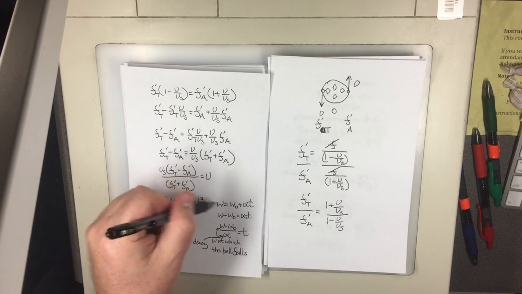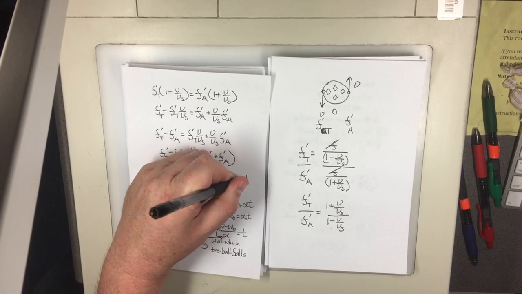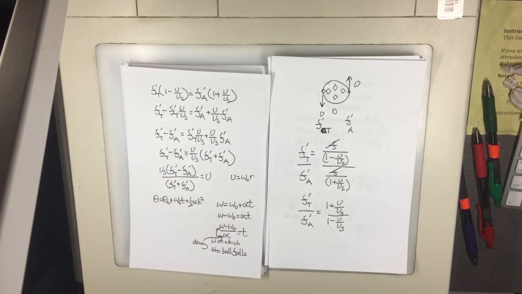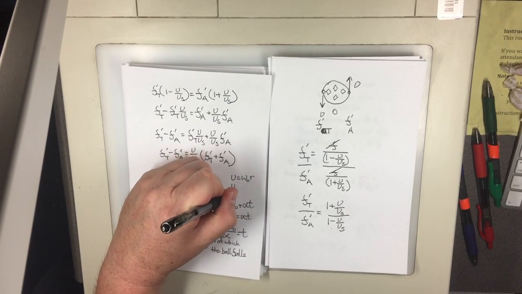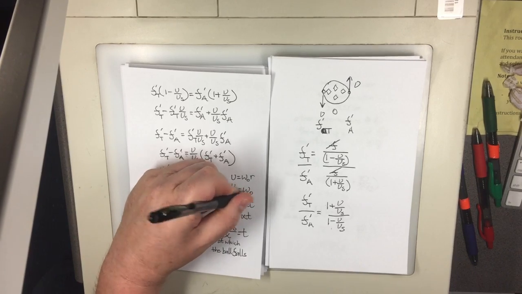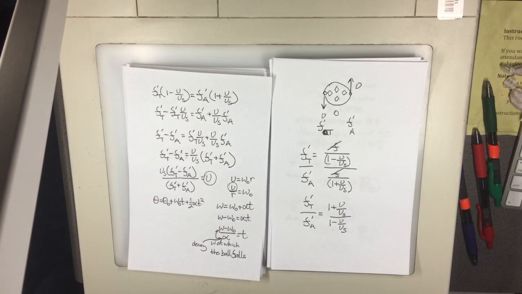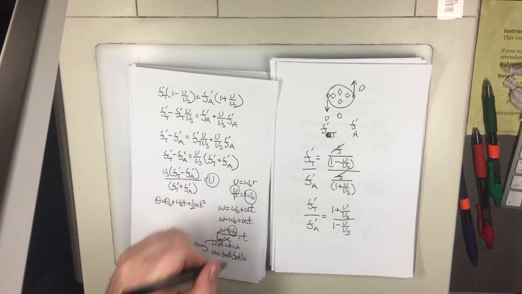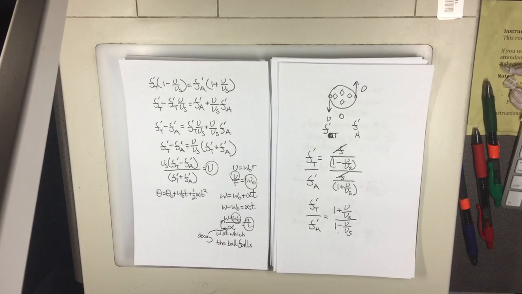What this does, V is equal to omega naught R. They knew the radius of a roulette wheel, so V over R is equal to omega naught. So they took this V and they plugged it in there. From there they got omega. From omega they got the time that it took for the ball to fall.